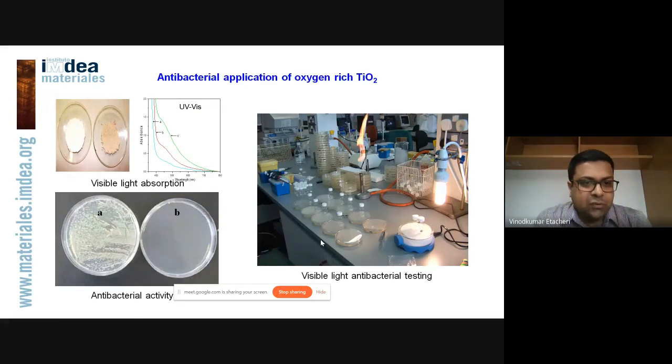We mix the TiO2 in the agar plate and then count the bacterial colonies. In 6 hours, the colonies completely disappeared. So this was the type of testing that we used. At the moment, I don't have more details on this testing. If you like, I can share the publication.